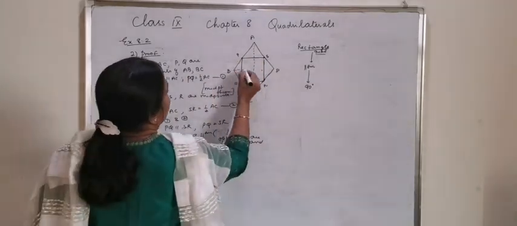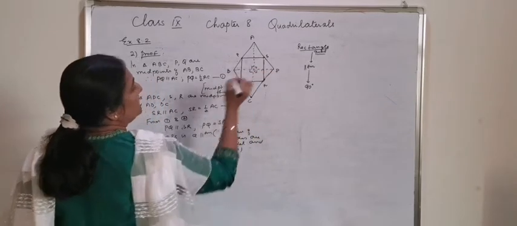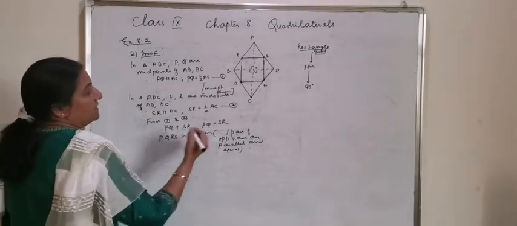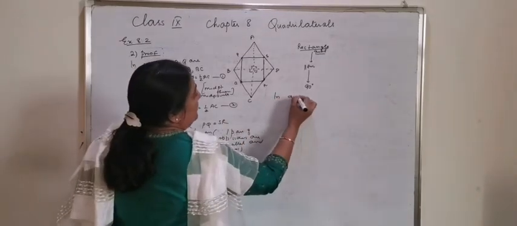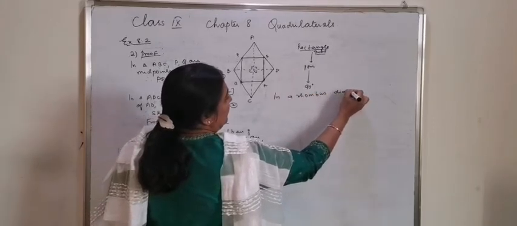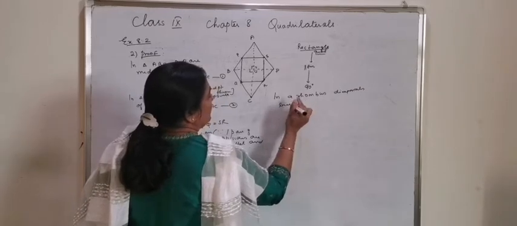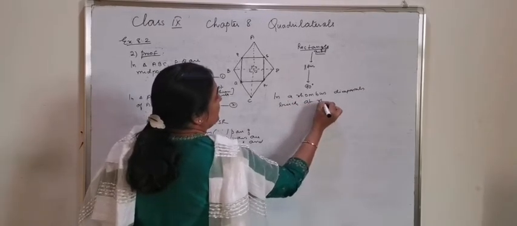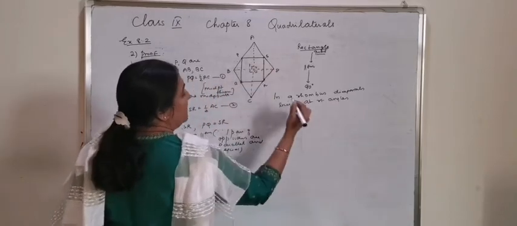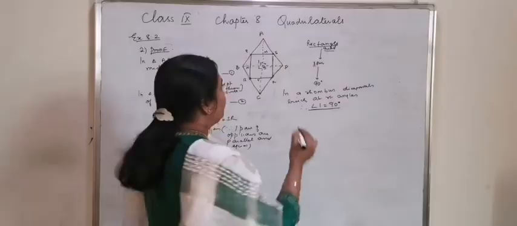Let us join the diagonal BD also. In a rhombus, the diagonals bisect at right angles. Therefore, let's mark any one angle: angle 1 is equal to 90 degree.